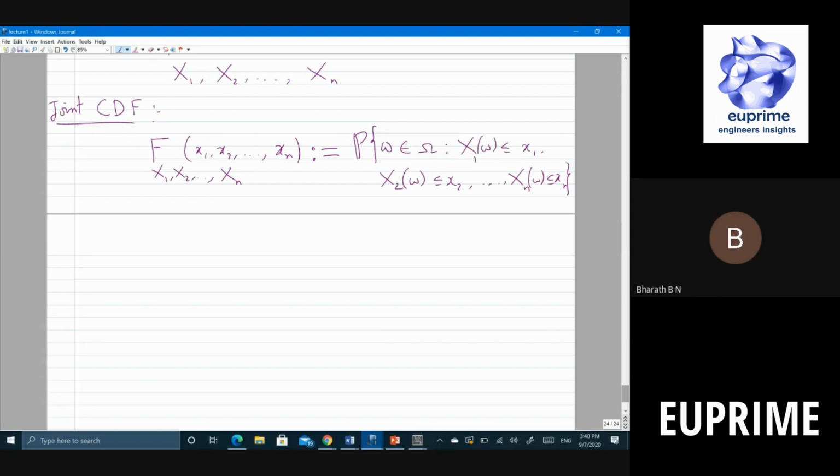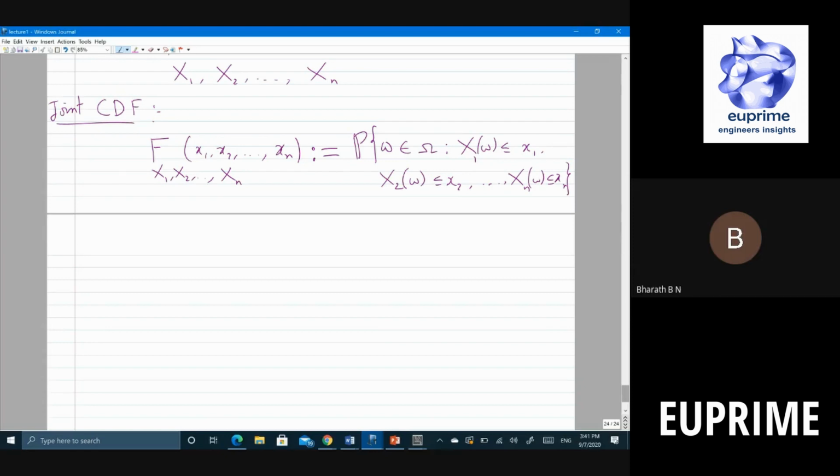Why is that? For example, when you rotate a disk, omega is 0 to 2 pi. So if I fix an outcome, it's again a matter of convenience, so let's not make a big deal out of this omega thing.